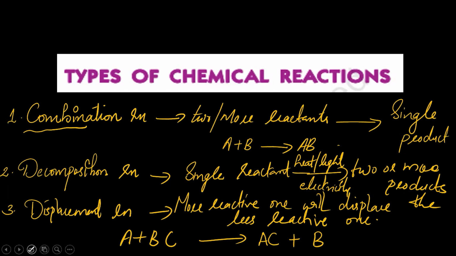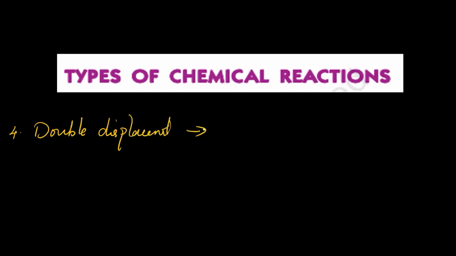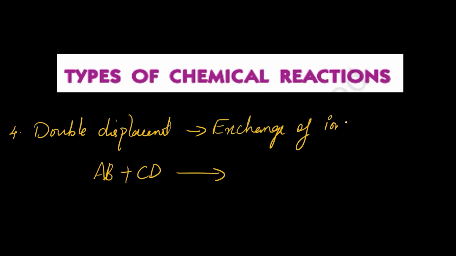And the fourth reaction is double displacement reaction. So what is the double displacement reaction? In the case of double displacement reaction, imagine AB is there and CD is there, and there is an exchange of ions between the reactants.